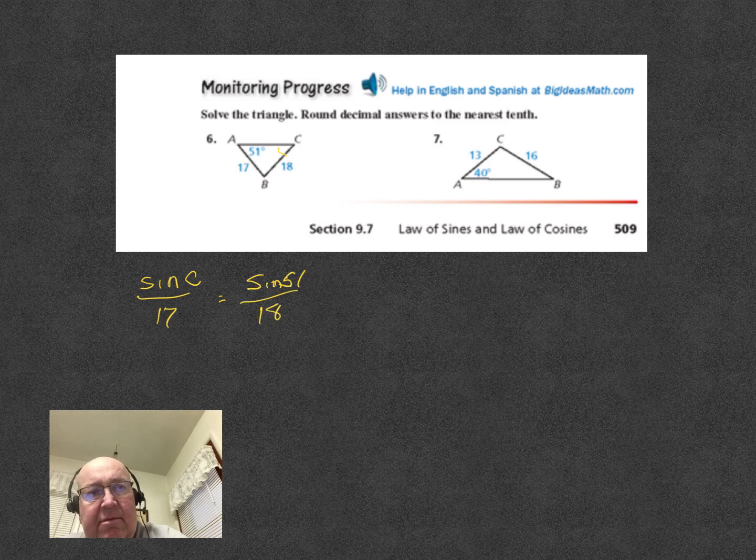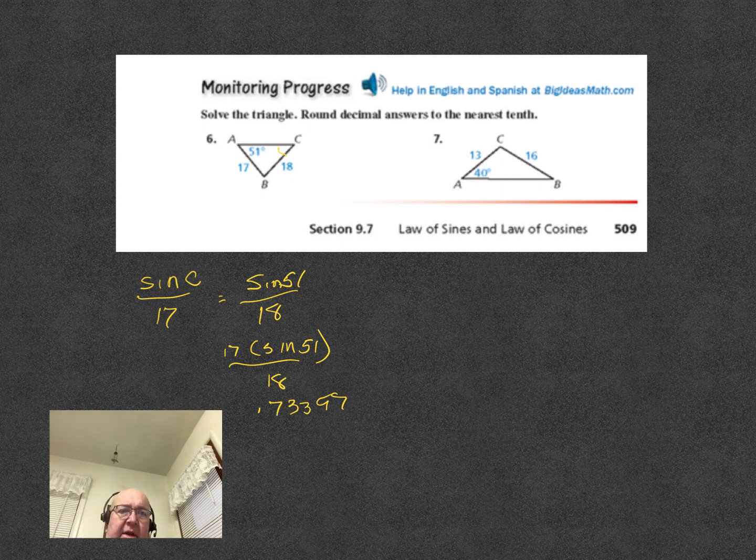So then we're going to multiply 17 times sine 51 and divide that by 18, and we're going to get a decimal of 0.73397, meaning that is the sine of that angle.